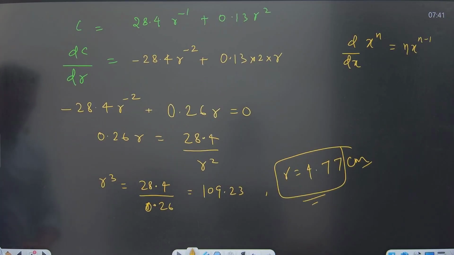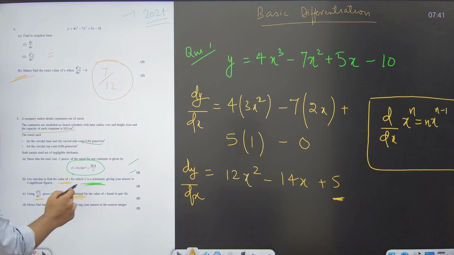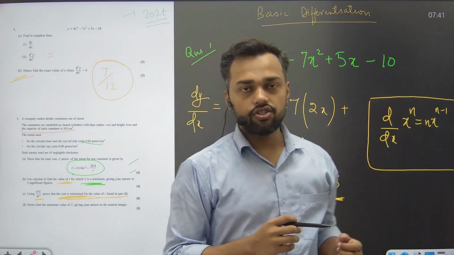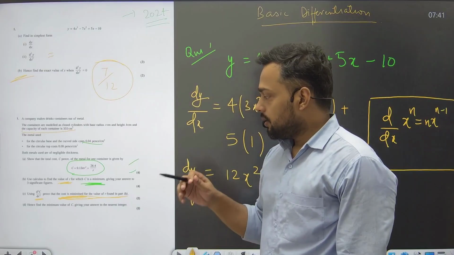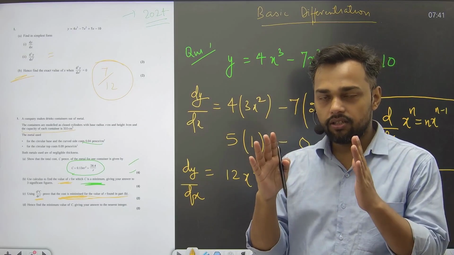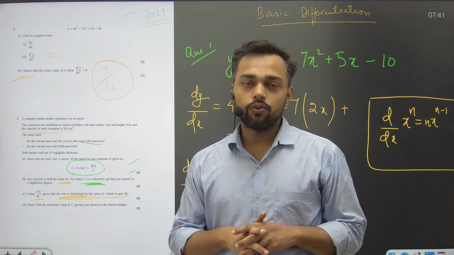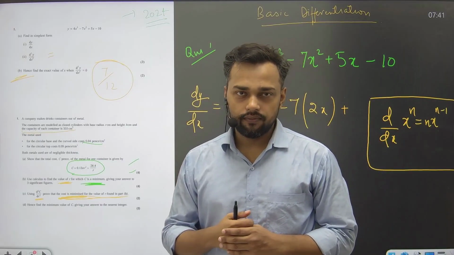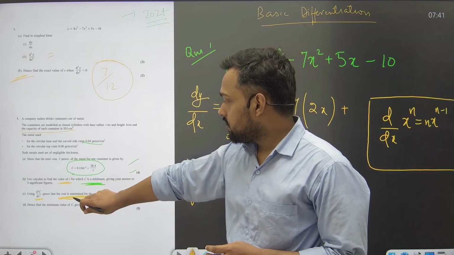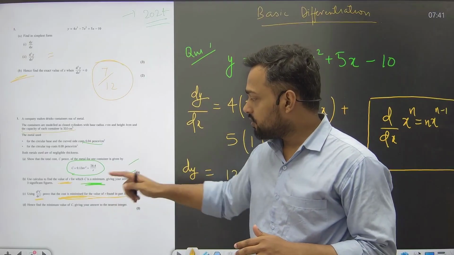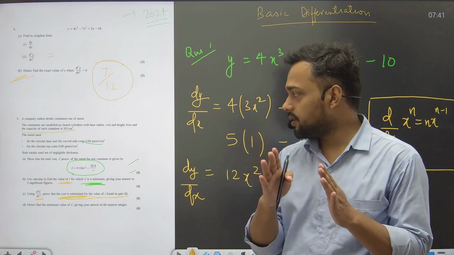Hence the cost is minimized for the value of r we found. This method is known as double differentiation. I'll repeat the concept: if d2C by dr2 were negative, the cost would be maximized, and vice versa; if it is positive, the cost is minimized for that radius r.